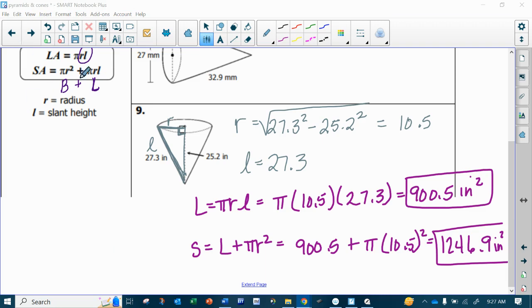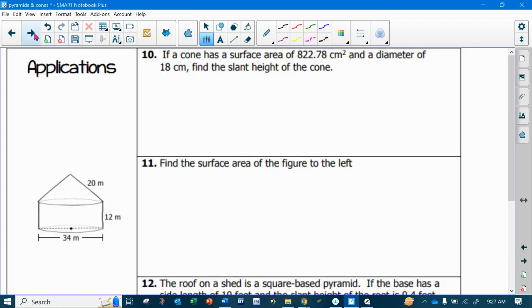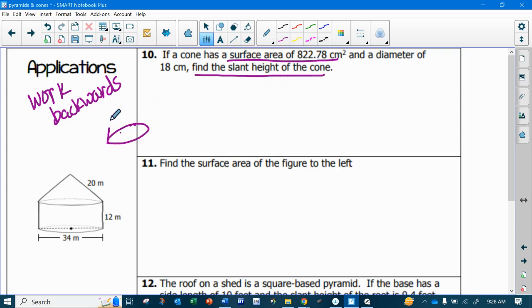All right, so let's look at what happens if you know the surface area. These are the ones where you have to work backwards. When I give you the surface area, you have to work backwards to find a missing piece. So basically, I'm telling you, here's a cone, and I want you to find the slant height.